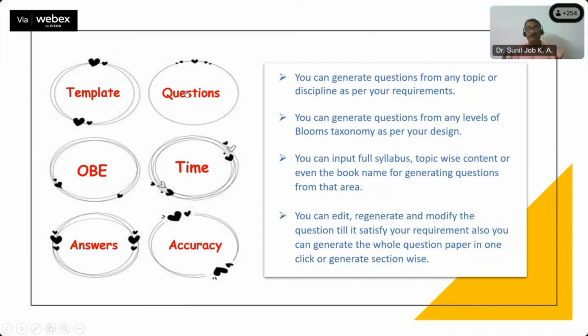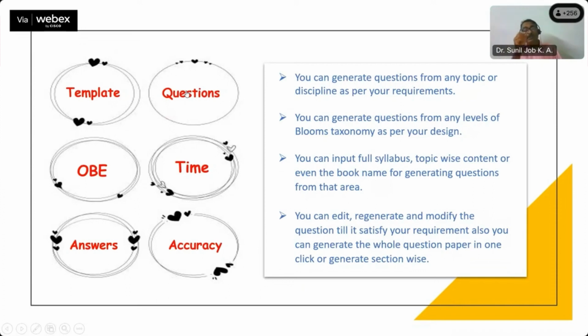You can input a syllabus. Suppose you want to prepare questions from your syllabus, you can input the syllabus. Or if you want to prepare questions from a small topic, suppose you have taken a two weeks class, you have completed a small topic and you want to prepare questions from it, you can input the topic and create the questions.